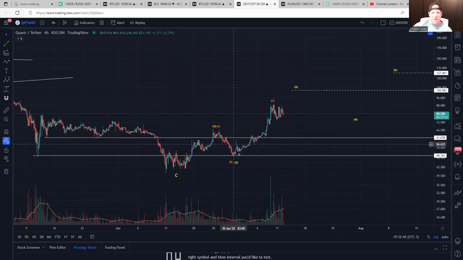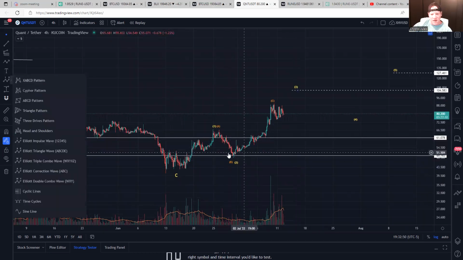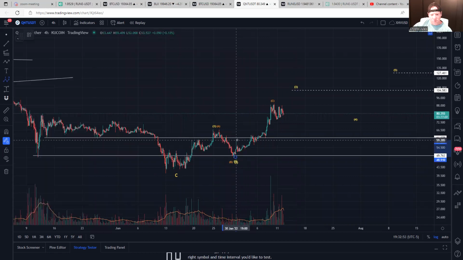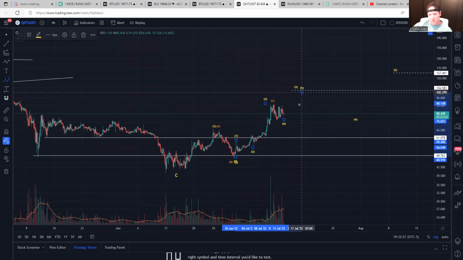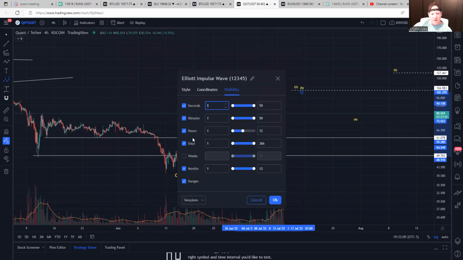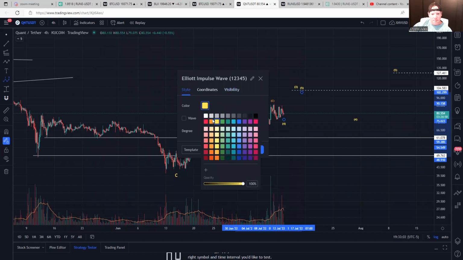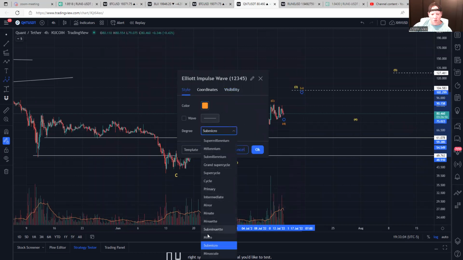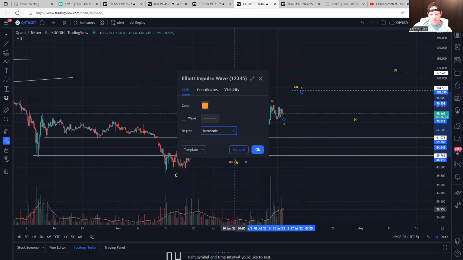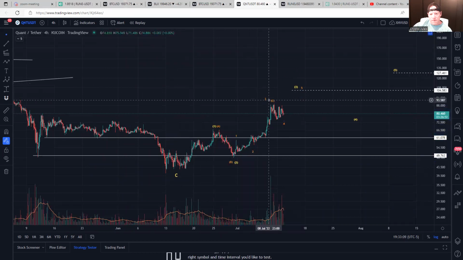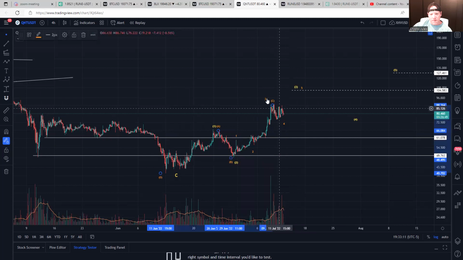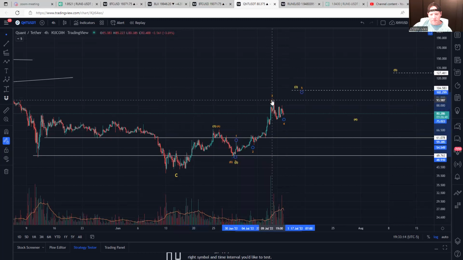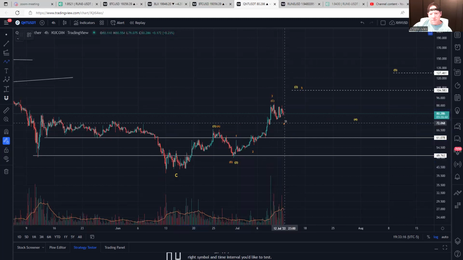The bullish scenario is that this is some sort of a 1, 2, 3, 4, 5, and we have one more leg up for a 5th of 3.